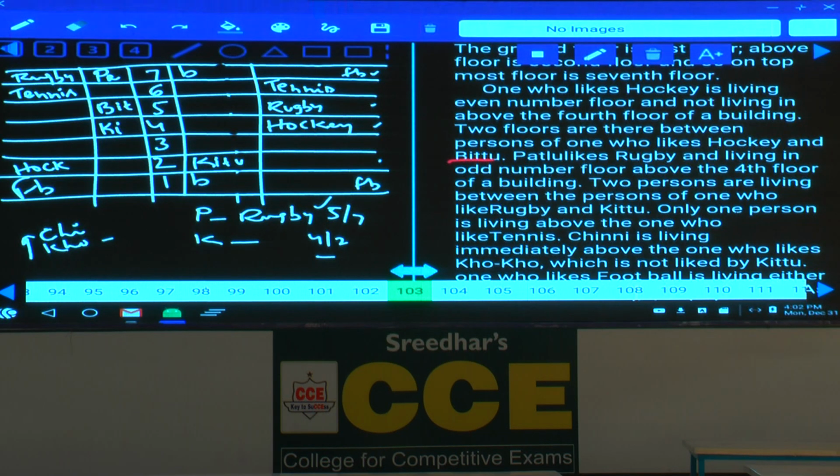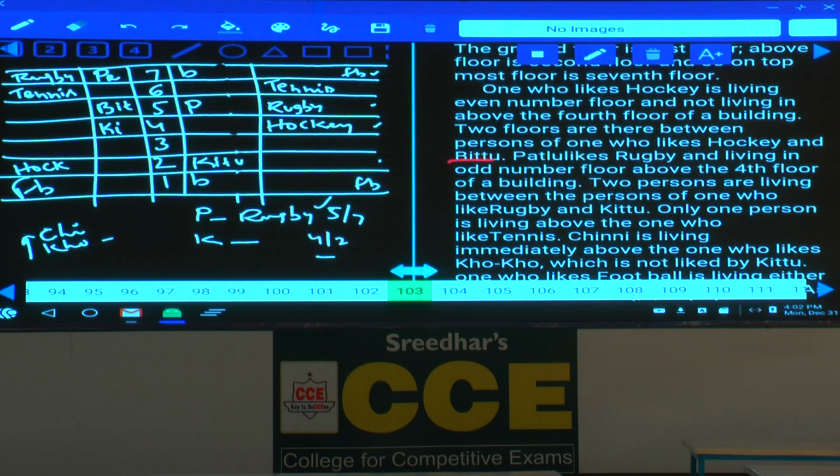Then if Kittu is on the 2nd floor, the first information is that 2 floors are there between the one who likes hockey and Bittu. Bittu can be on the 1st or the 7th floor, and Patlu likes rugby, clearly given.